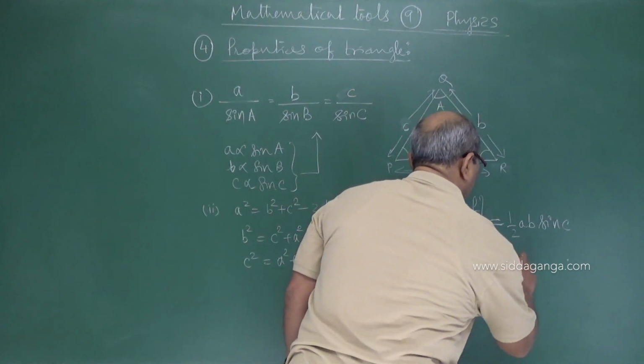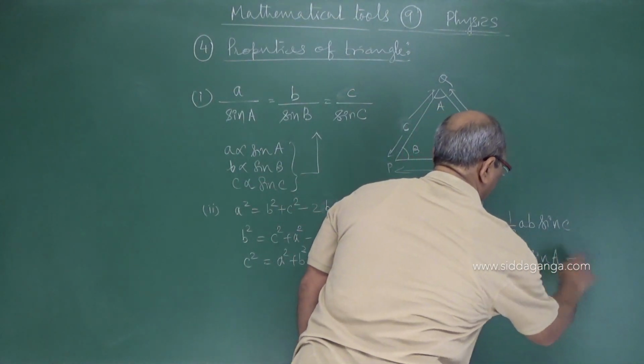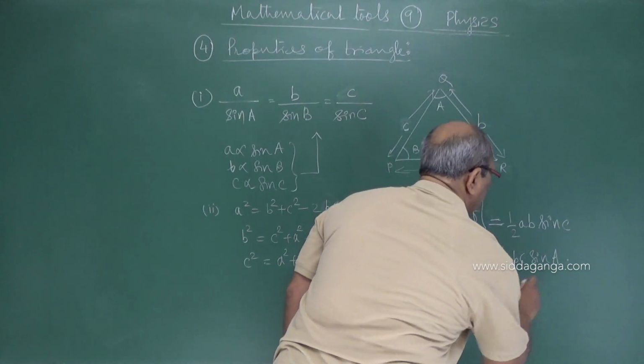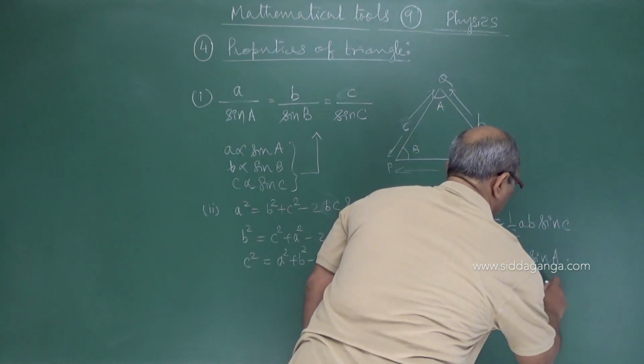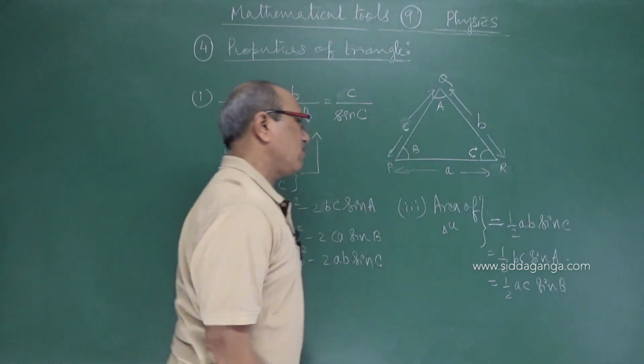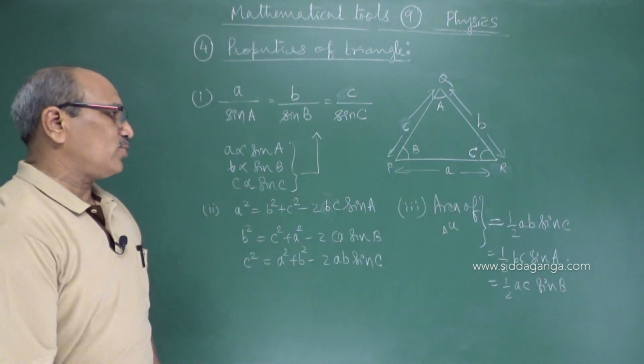Or half BC into sine A, or half AC into sine B. You can calculate the area also.